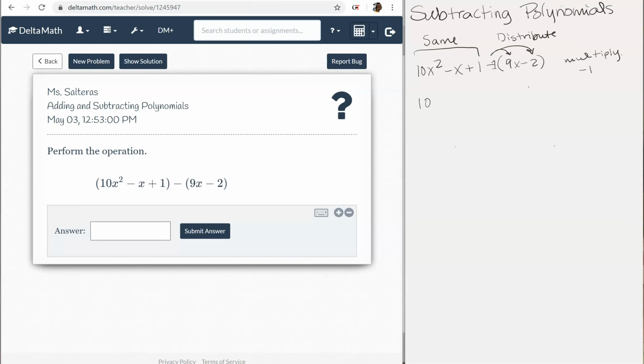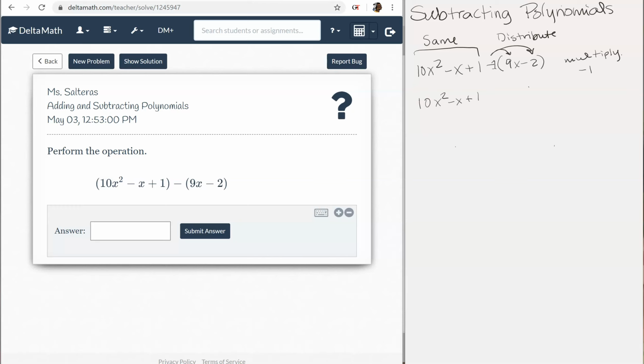So again, the first part stays the same. And what really happens when you multiply by -1, the signs flip, because anything times -1 will be the same numerical value, just with the opposite sign, all right?